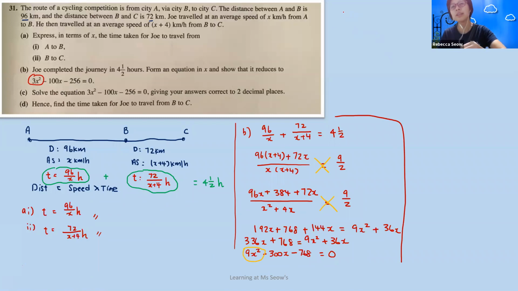So let's try to divide every term by 3. So this implies that it is 3x squared minus 100x minus, so 768 divided by 3 as well, we will get 256 equals to 0.